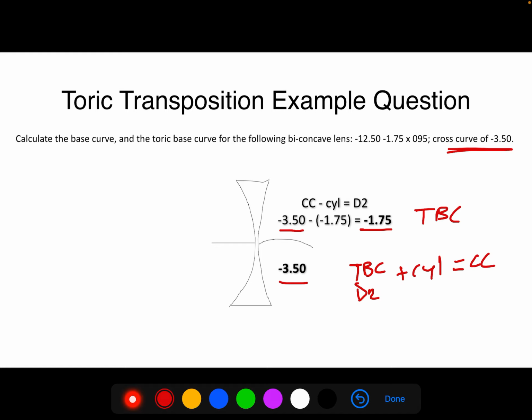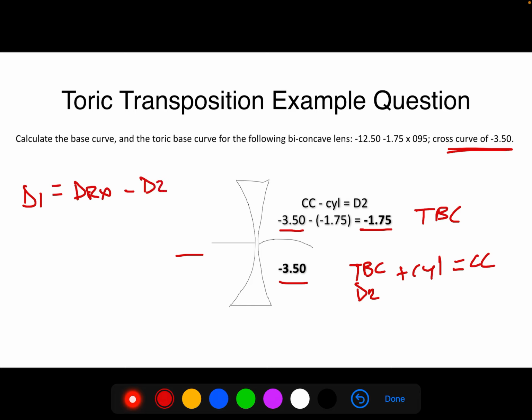So from here, now that we have our D2, we can simply just use our nominal power formula, which is to solve for the base curve. And the base curve, remember, is D1. So we'll use this version of the nominal power formula and take the prescription minus D2.